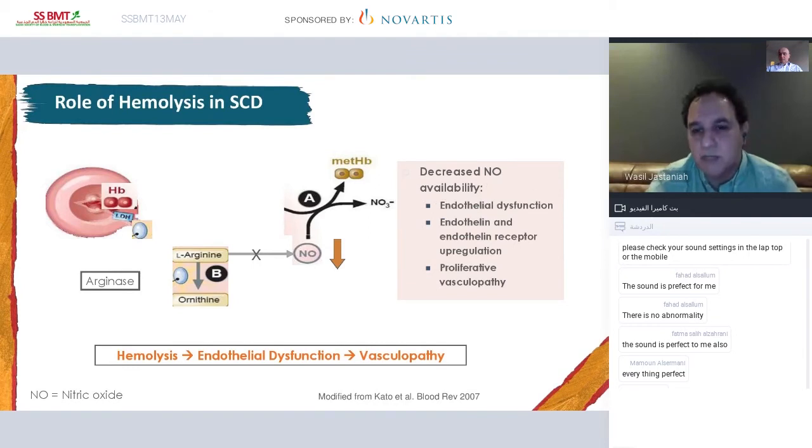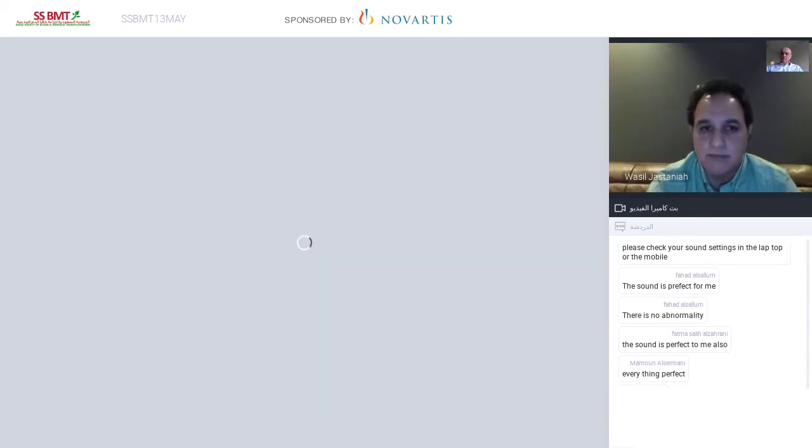And this decreased nitric oxide availability leads to endothelial dysfunction, endothelin and endothelial receptor upregulation, and proliferative vasculopathy. So you have a hemolysis endothelial dysfunction vasculopathy pathway as a result of the reduced nitric oxide in patients with sickle cell disease and chronic hemolysis.